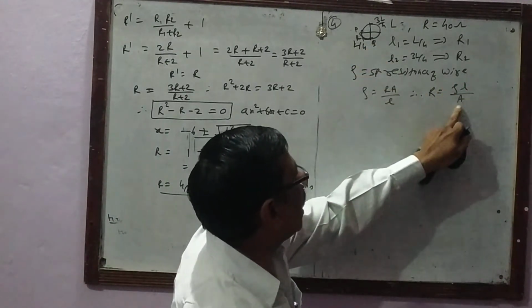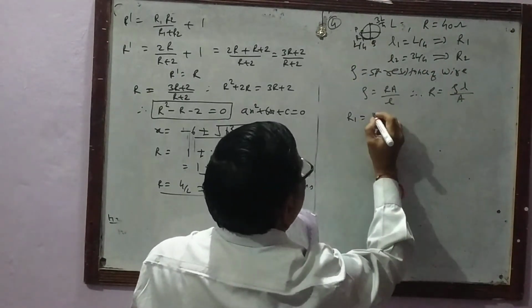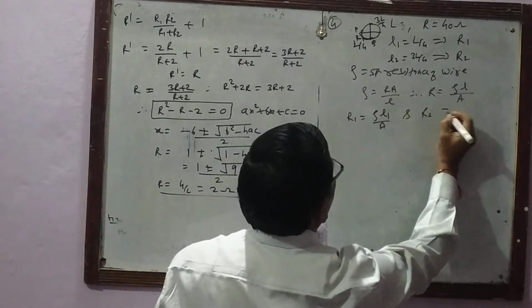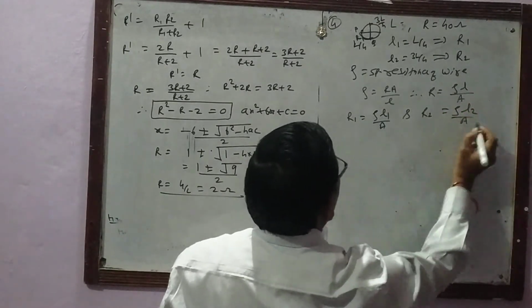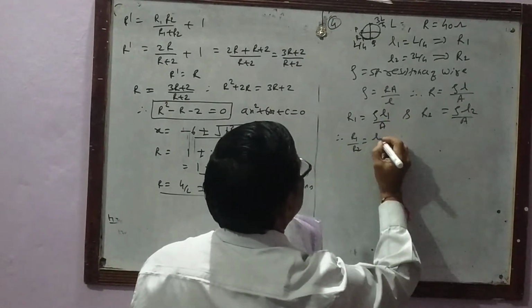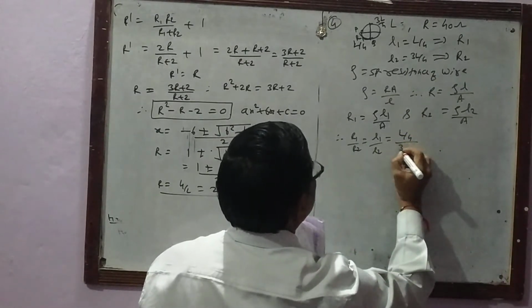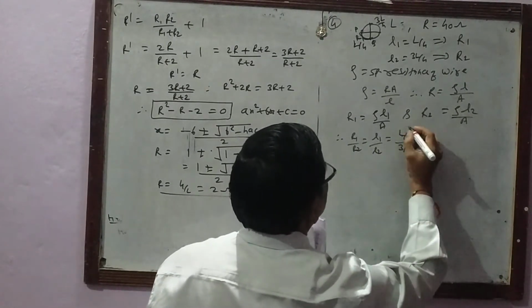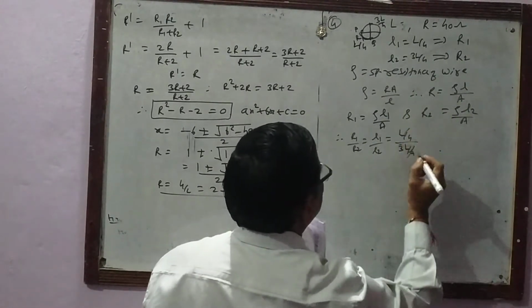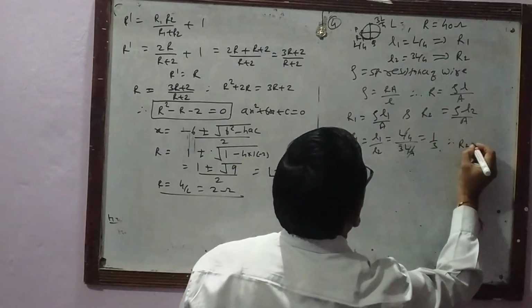Hence, the resistance R1 of the first segment is rho L1 upon A, and the second segment has resistance R2 equal to rho L2 upon A. Therefore R1 upon R2, with rho A cancelled, is L1 upon L2, with L1 being L by 4 and L2 being 3L by 4. L by 4 will get cancelled, giving 1 by 3.